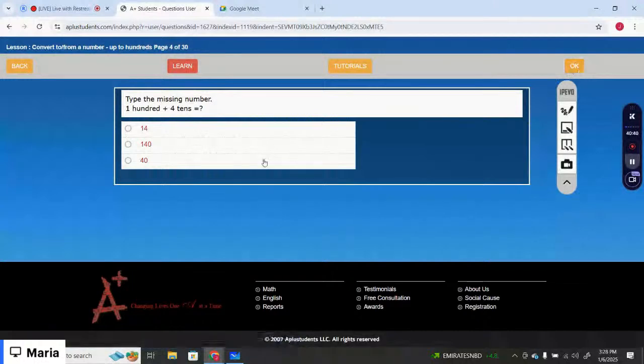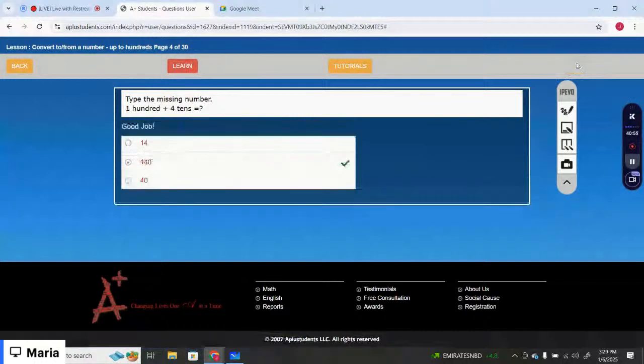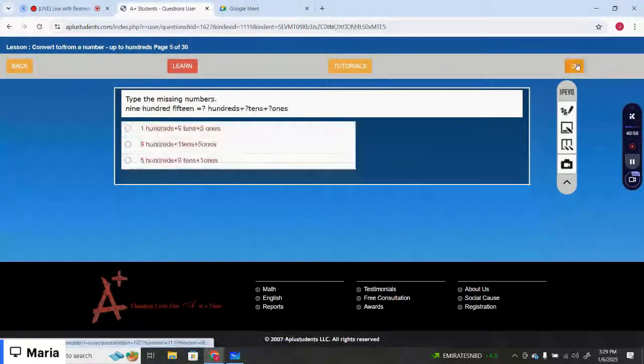That is 104 ones. Sorry, 104 tens. So that is option number 2. Right? You do not have ones, so the ones must be 0. That is 1, 4, and 0. 140 it is.